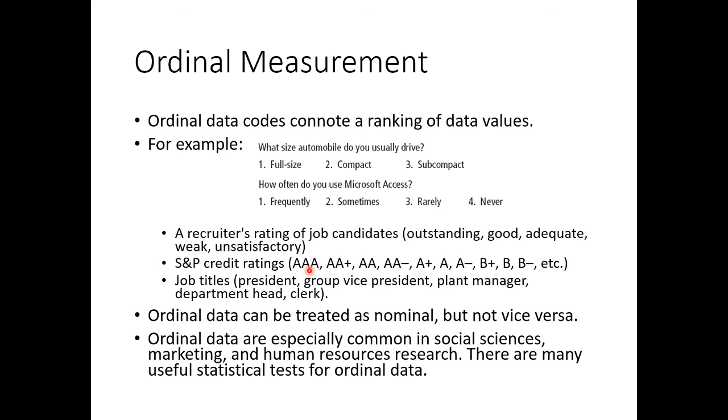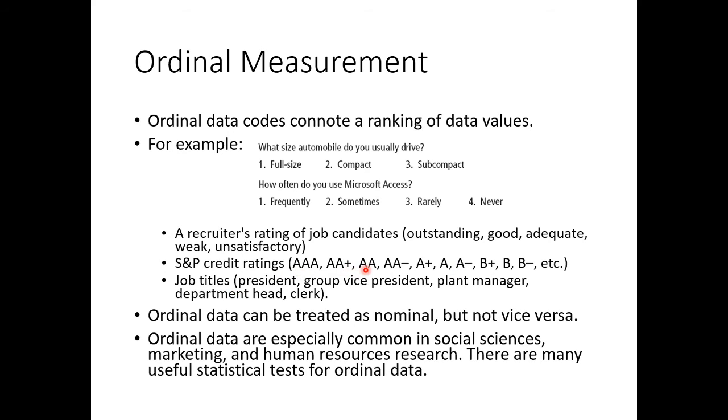So in this case, it has an order. AAA is better than AA plus, which is better than AA, which is better than AA minus, and so on. The default probability of triple A is smallest, the default probability of AA plus is larger than triple A but less than AA, and the default probability of AA is larger than AA plus but less than AA minus, and so on.